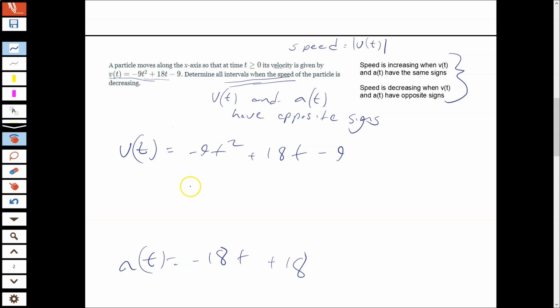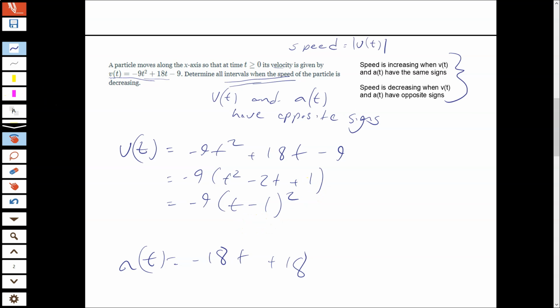Now I'm going to factor out a negative 9 from v of t. I get t squared minus 2t plus 1. I'm going to factor again, and I get negative 9 times t minus 1 squared. So t minus 1 times t minus 1 will give me negative 2t and then plus 1.